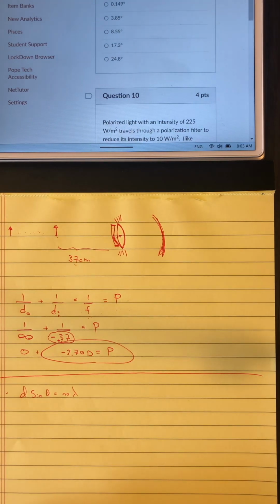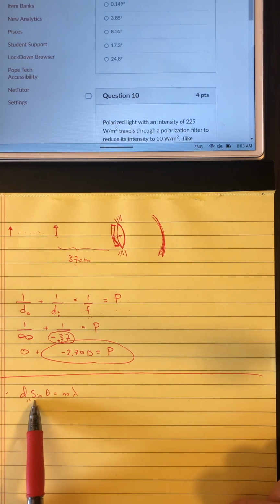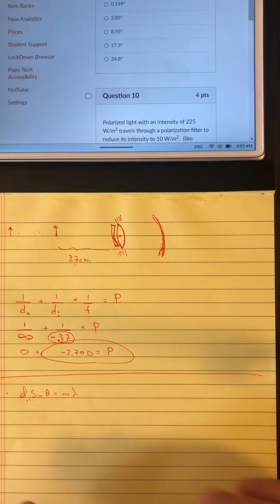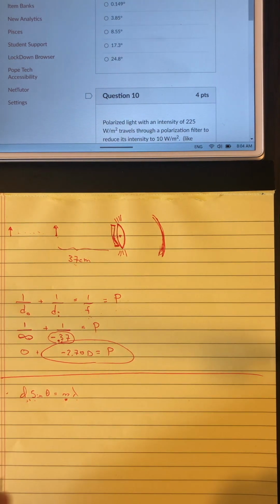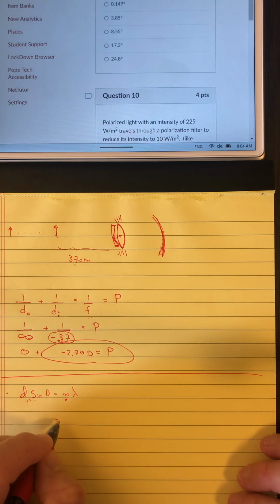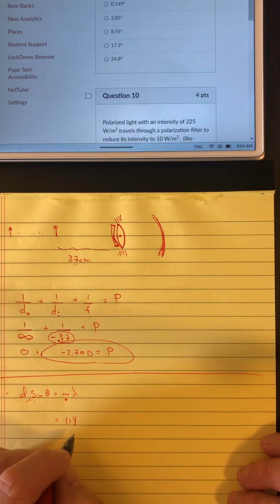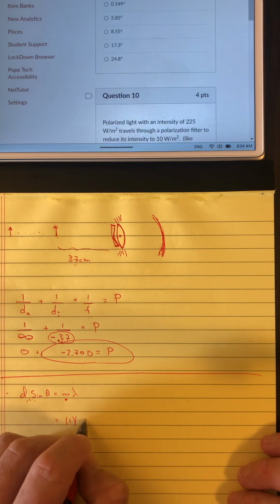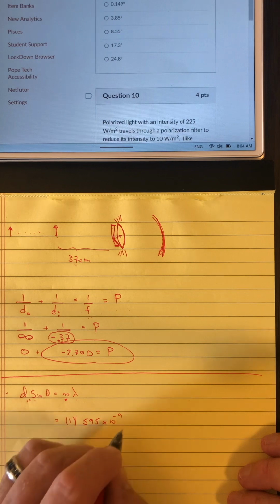And this was our equation for the diffraction grating, where the d is the distance between each line, and then the angle is where the light separates out. This is the wavelength, and this is which order we're looking at. So in this case, it says first order, so I can put m equal to 1. It says it's orange light, so I will put 595 nanometers.